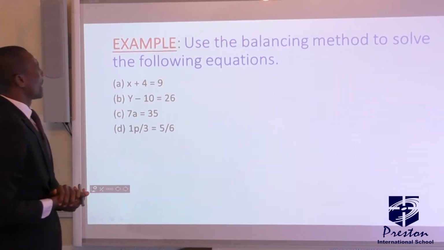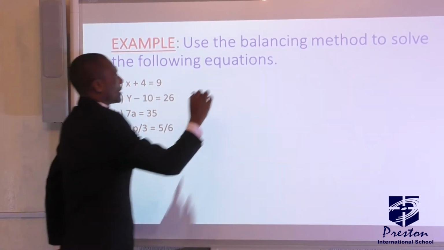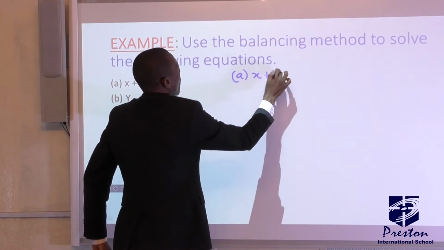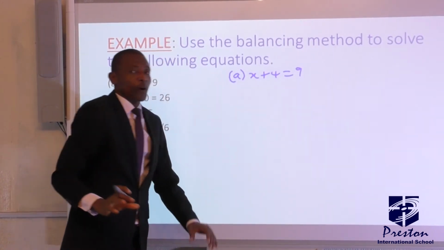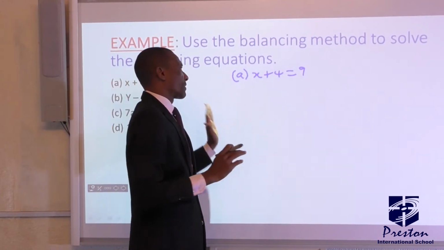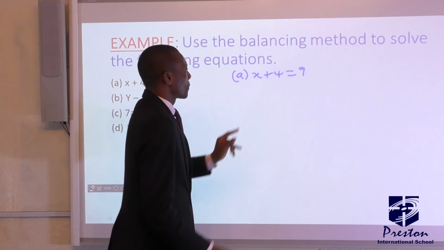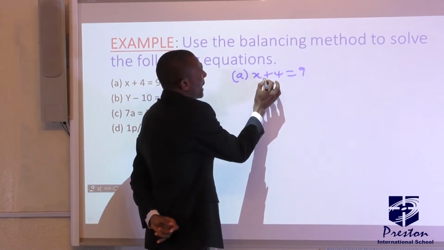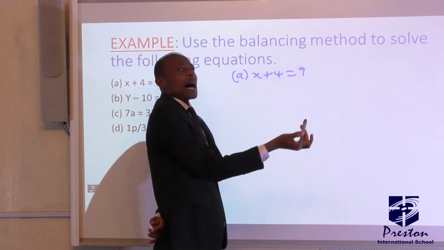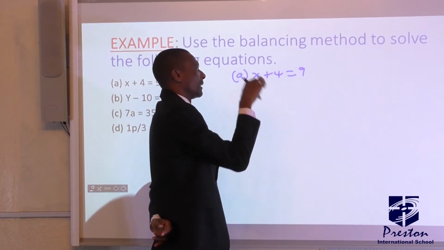The first one is x plus 4 equals 9. Let's use here, that is A. x plus 4 equals 9. Don't forget, I said the balancing method. Whatever I do to one side of the equal sign, I must do to the other. Now I'm looking for x, but x is attached to plus 4. For me to remove plus 4, I need to add the additive inverse of plus 4, which is negative 4.